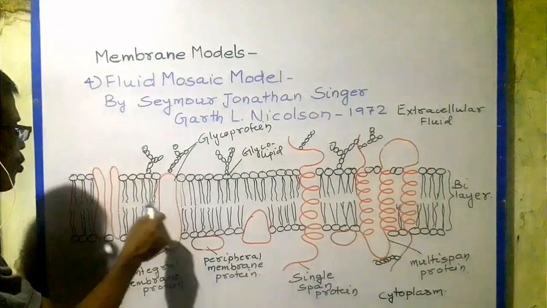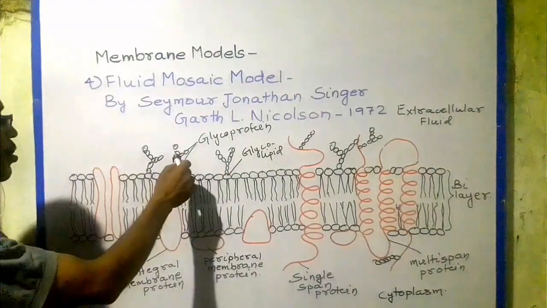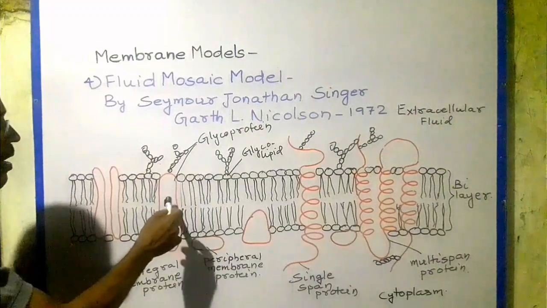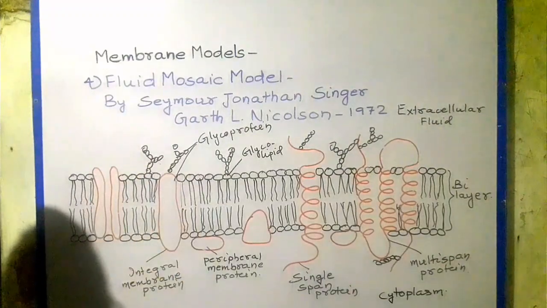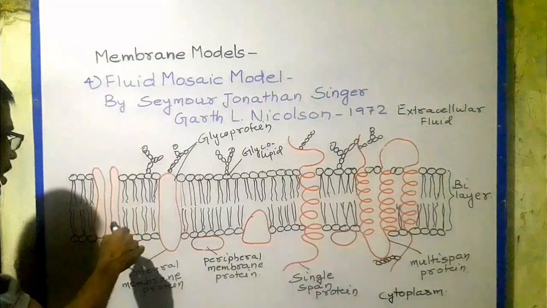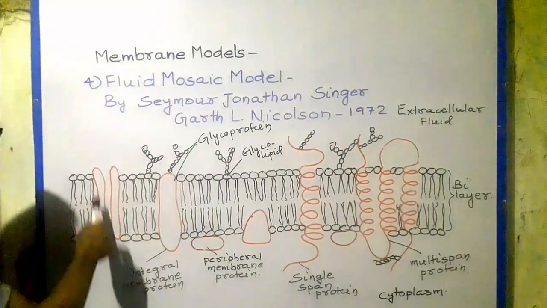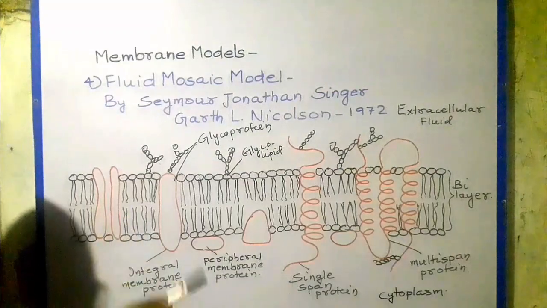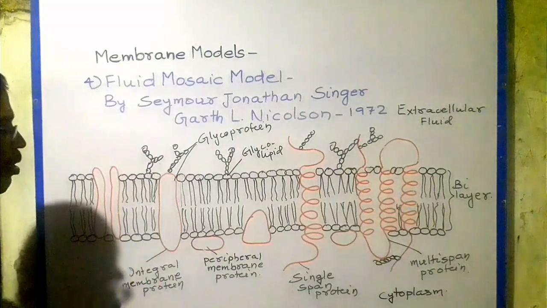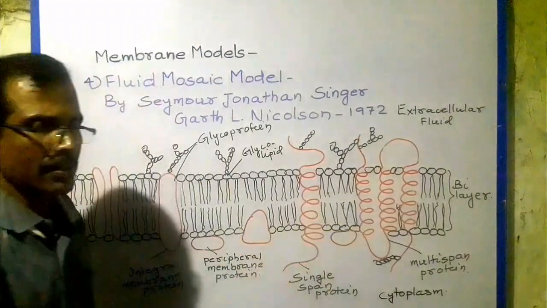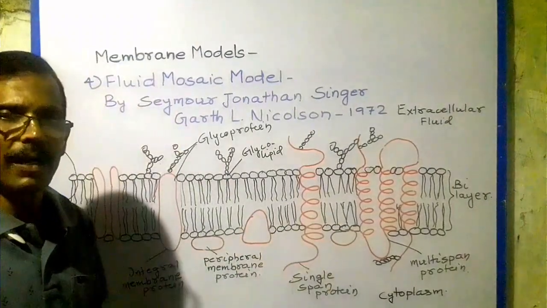There are many proteins which are also associated with carbohydrates. These proteins are known as glycoproteins. There are also protein channels present in the lipid bilayer, and these protein channels facilitate the transport of ions. And the integral membrane proteins are of two different types.